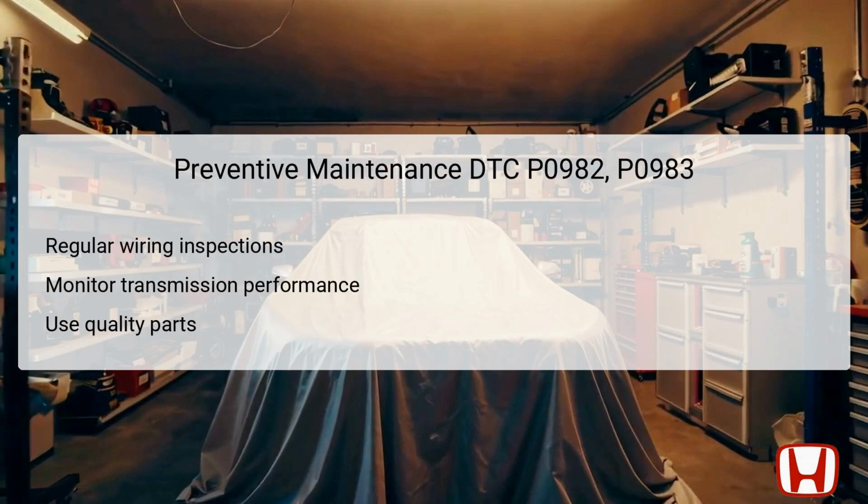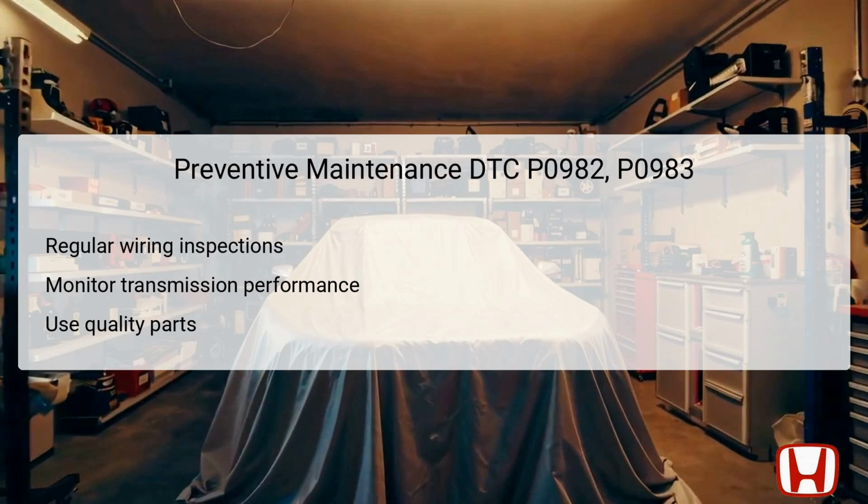To prevent the recurrence of DTCs P0982 and P0983, implementing preventive maintenance strategies is essential. Begin with regular inspections of the wiring associated with the transmission, especially those linked to the Shift Solenoid Valve D. Visual checks can identify frayed or damaged wires before they lead to significant issues.